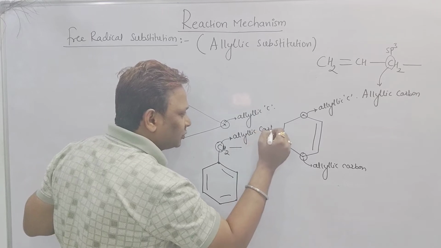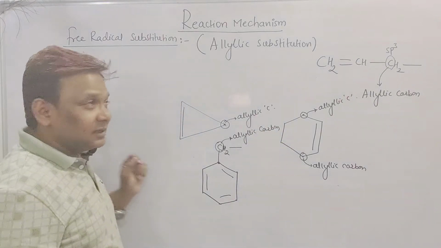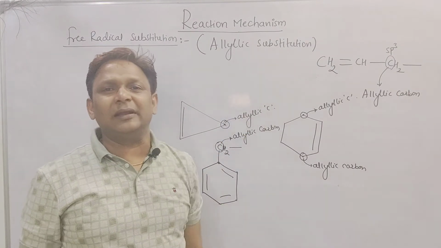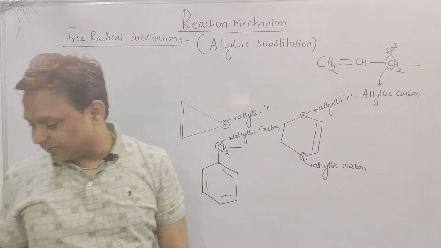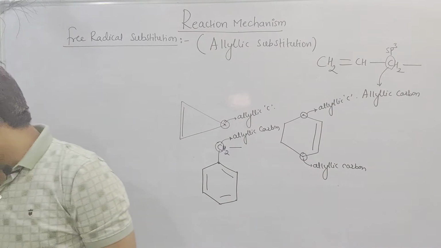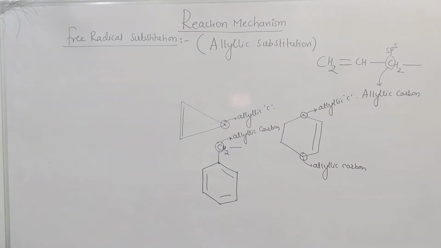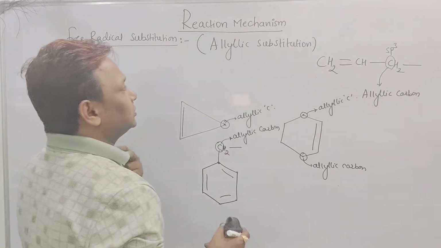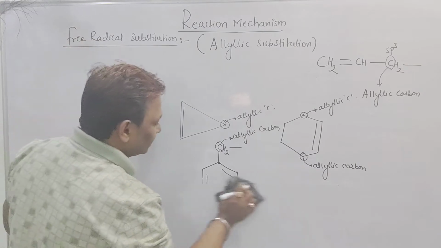Once we understand the allylic carbon, it is easy for us to do the substitution at the allylic carbon, right? So today we are discussing allylic substitutions, and for these, first of all, we should know what the allyl group is and what the position of the allylic carbon is, right? Next one, beta.